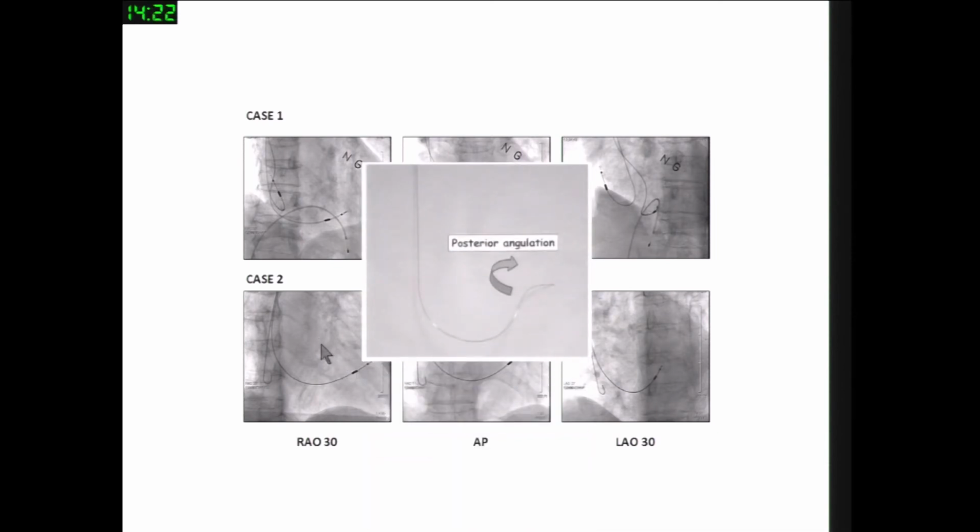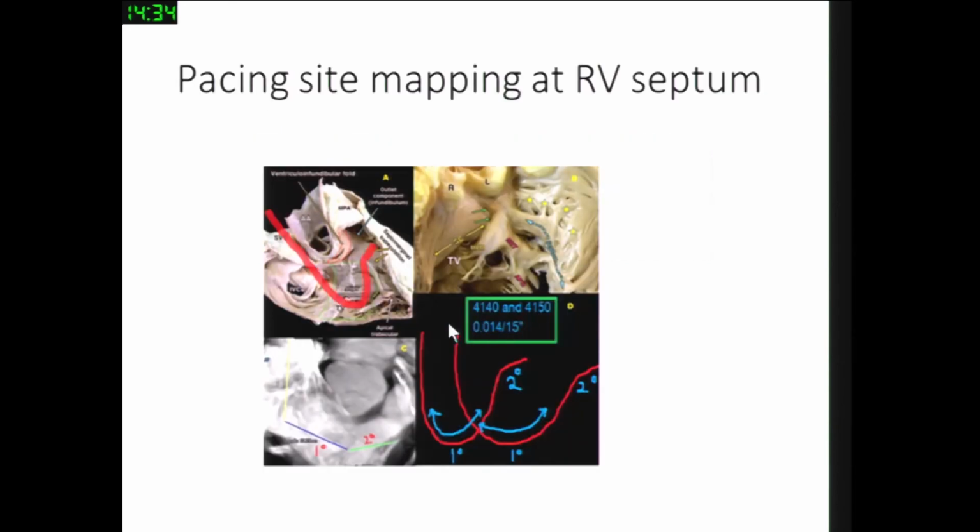So to achieve this pacing site, it is proposed to make a stylet using posterior angulation. So to get this septal area, we used two different angle stylets.